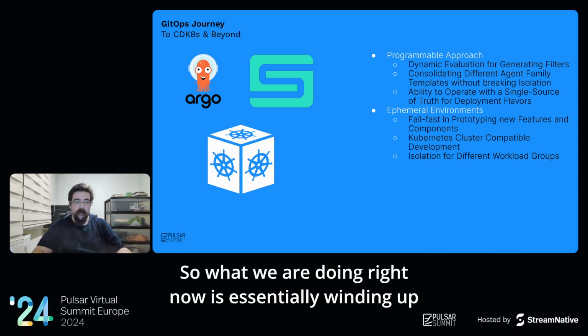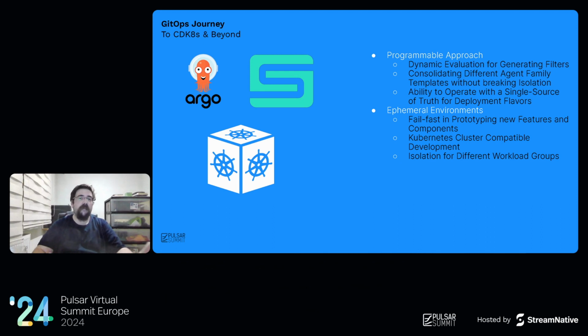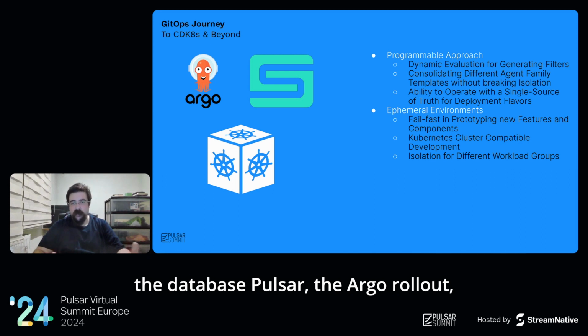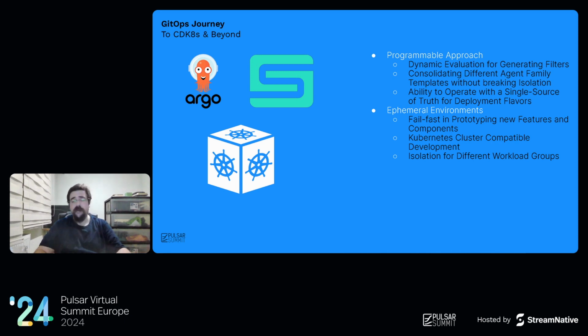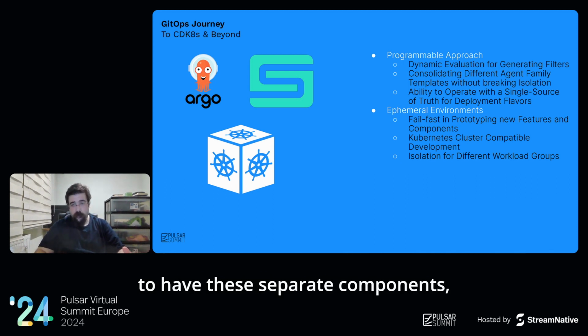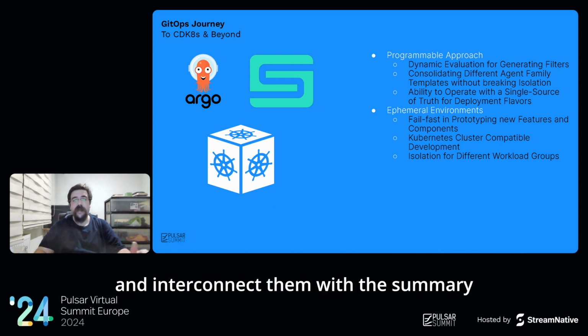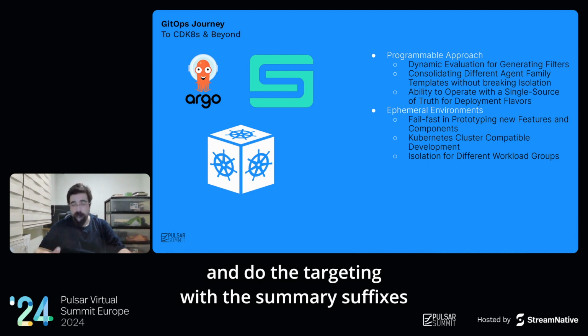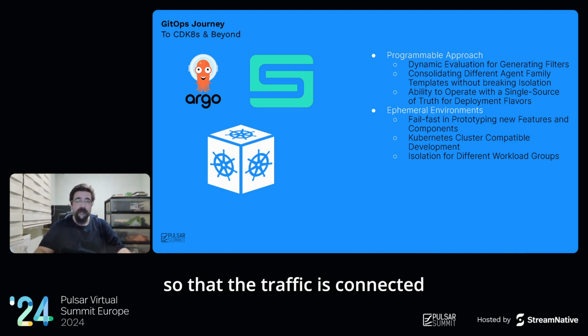So what we are doing right now is essentially dividing up the database, Pulsar, the Argo rollout, and the observability target into 4 different kind clusters to have these separate components and interconnect them with Submariner and do the targeting with the Submariner suffixes, so that the traffic is connected in between those 4 kind clusters.